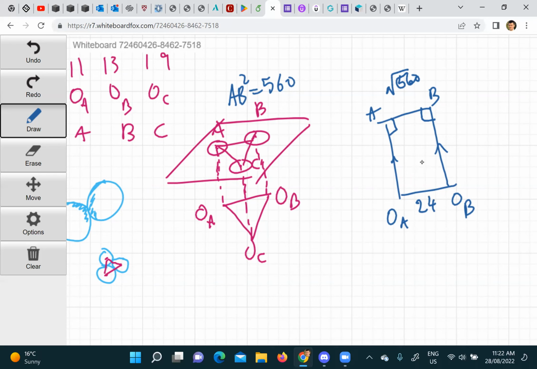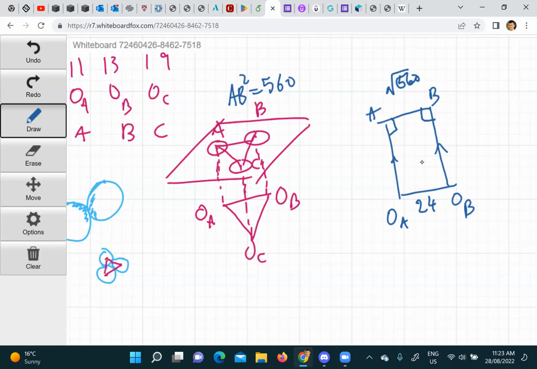We want AOA to be less than BOB, because we want the circles to be the same size, and 11 is less than 13. Try to make it as flat as possible, which means that we really want the plane to be closer to A than B.